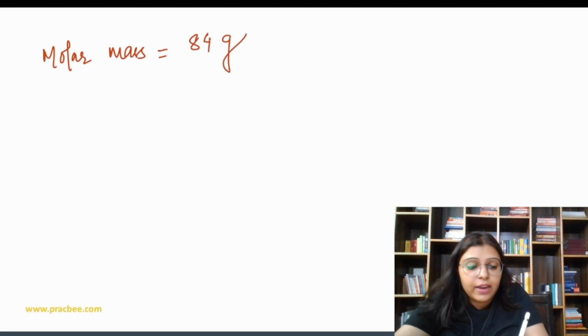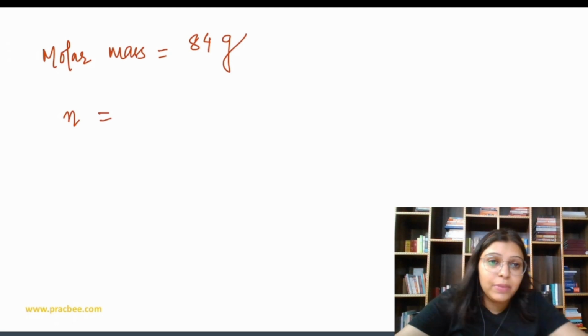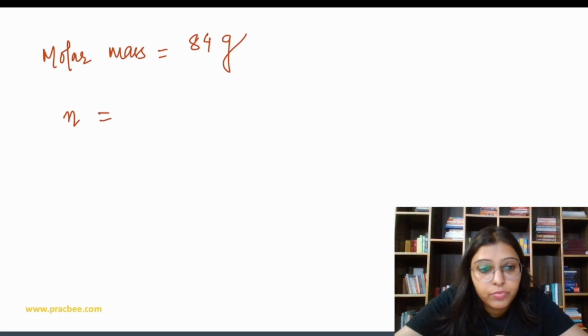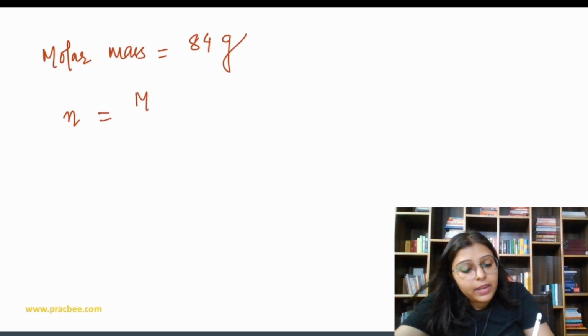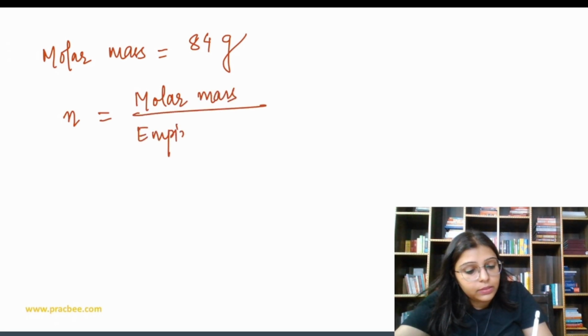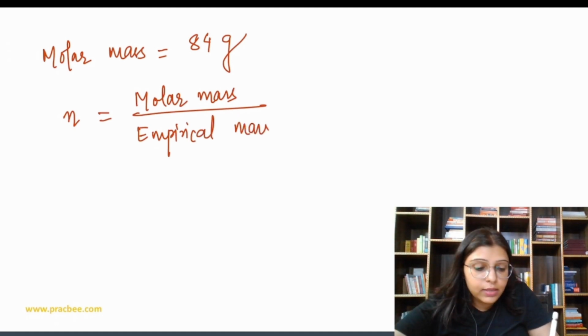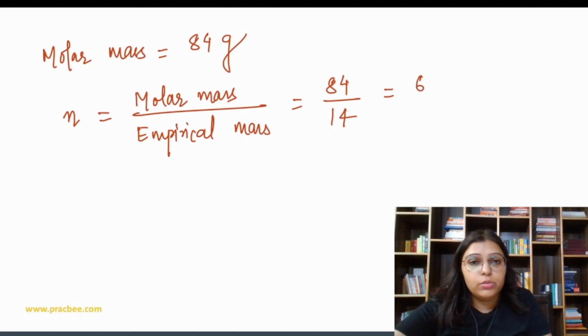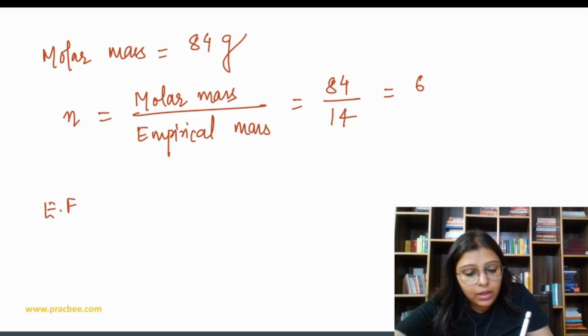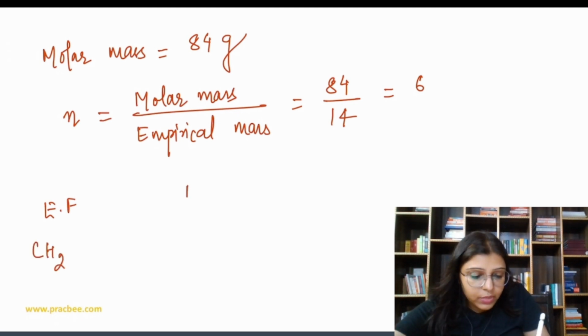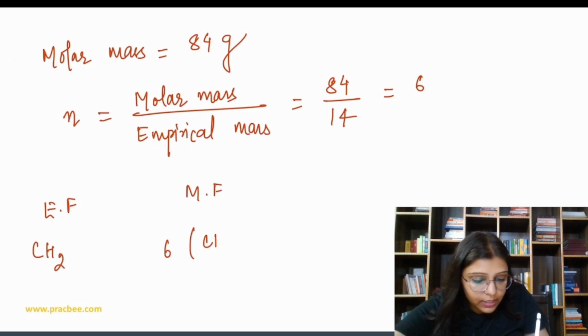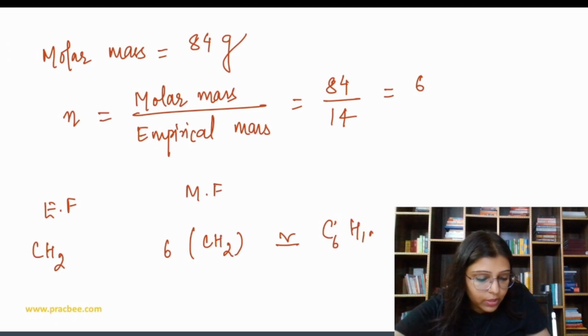So we have to calculate some factor which we multiply with the empirical formula in order to get the molecular formula. So the value of n is going to be molar mass divided by empirical mass. Molar mass is equal to 84, and empirical mass is equal to 14. So that is equal to 6. Empirical formula is CH2, so the molecular formula is 6CH2, which we can write as C6H12.